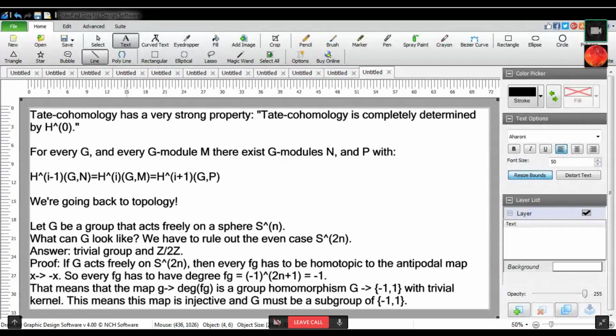So the thing we actually want to look at is the odd dimensional case. This argument fails in odd dimension. Why? Well, the degree of the antipodal map is (-1)^(2n+1+1), that is plus 1.